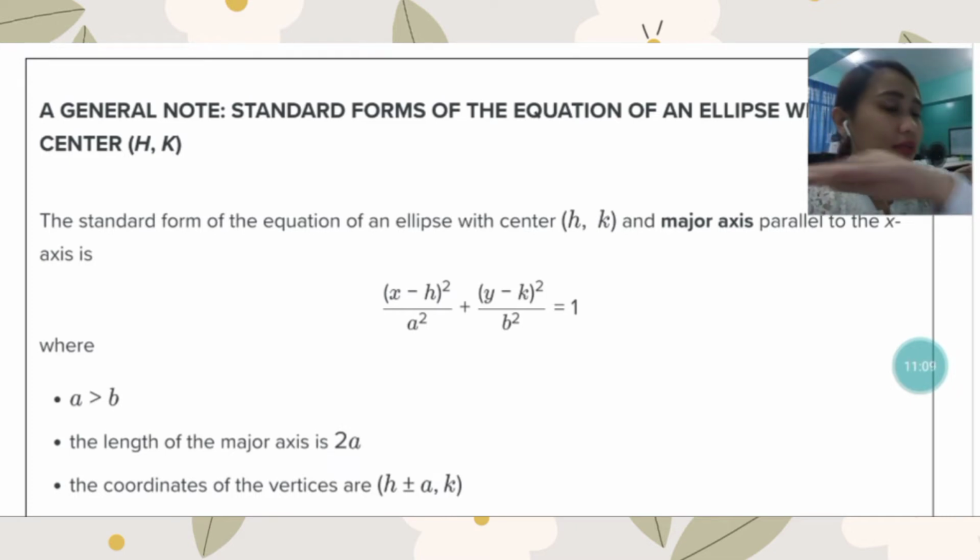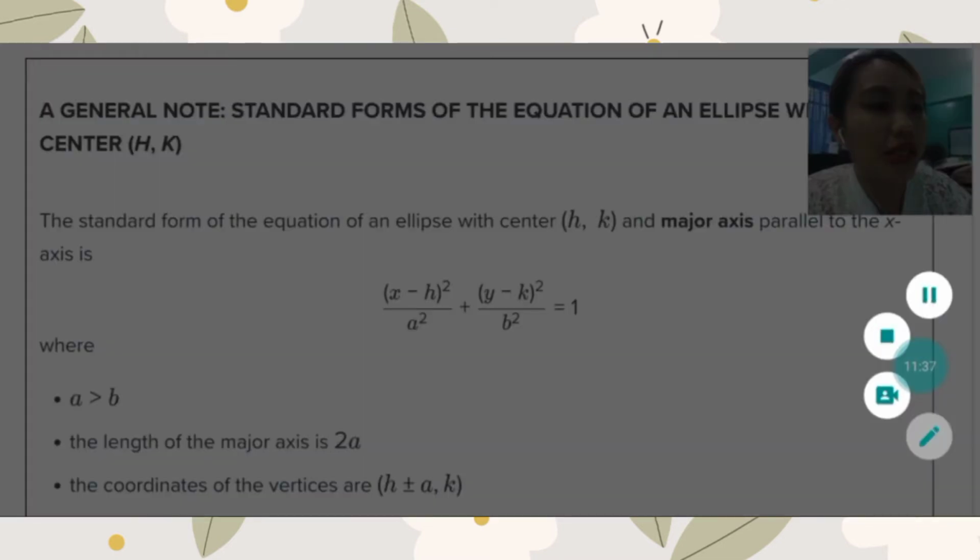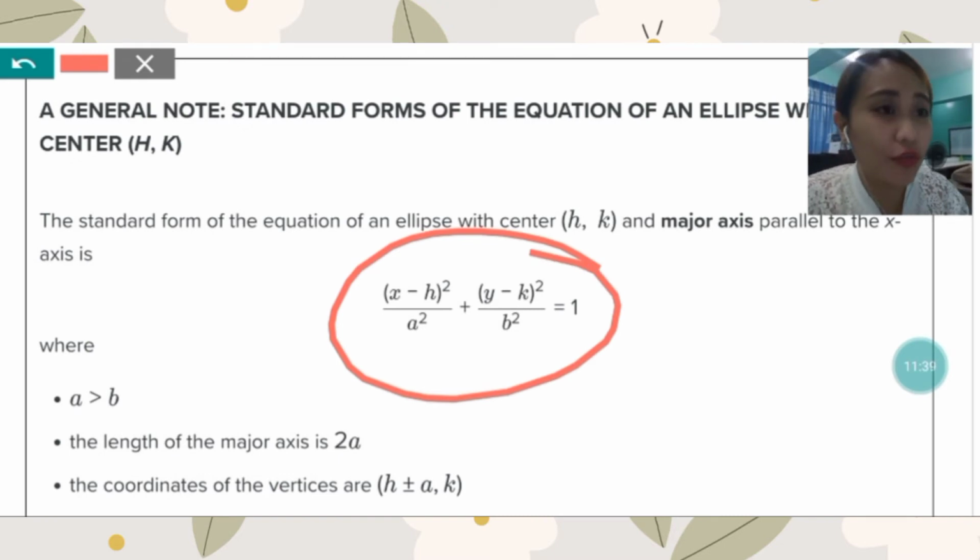If the major axis is horizontal, that's parallel to the x-axis. If the major axis is vertical, it's parallel to the y-axis. But this time, let's have first the ellipse wherein its major axis is parallel to the x-axis. So this will be the standard form.